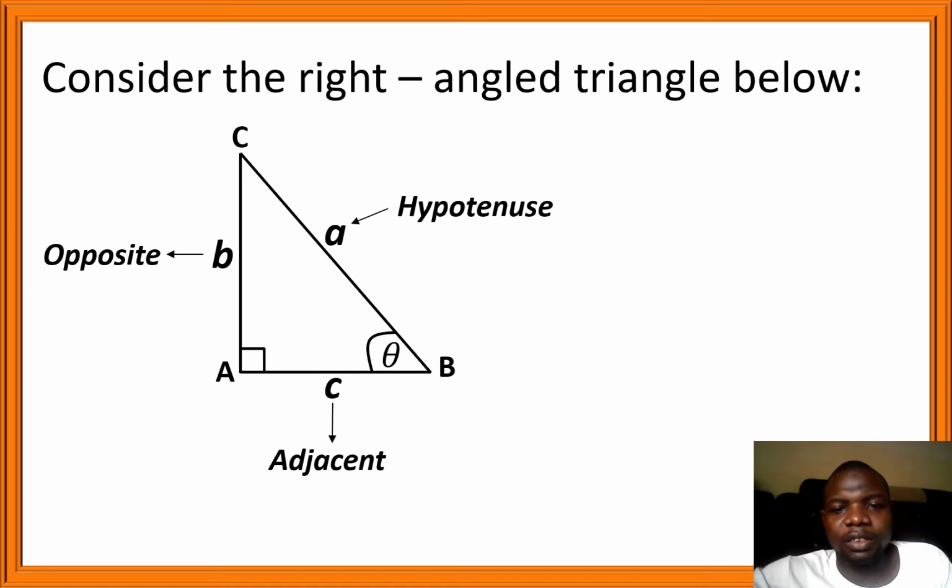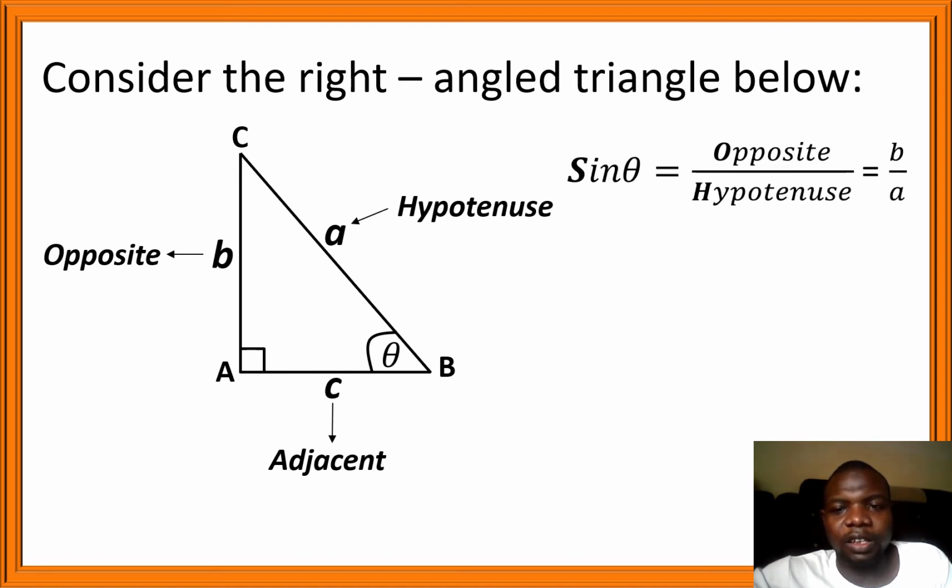Let's look at the sine. For the sine of theta, it is the opposite over the hypotenuse, where the opposite is b and the hypotenuse is a. So in this case, sine of theta will be equal to b over a.